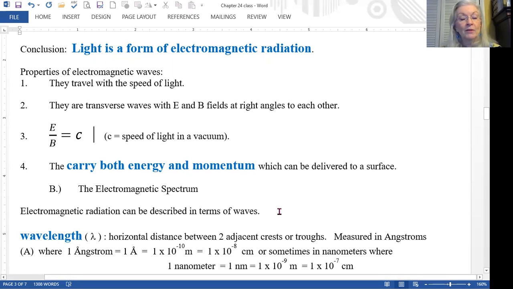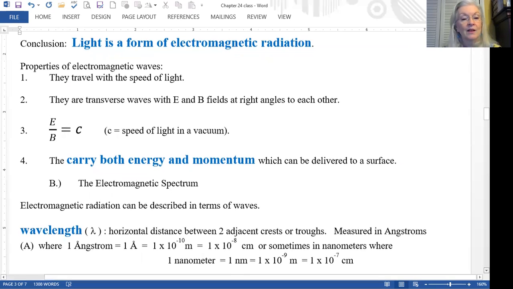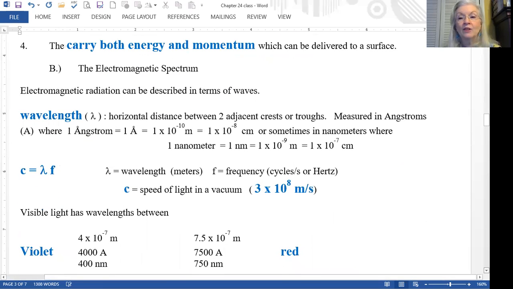So we can describe electromagnetic radiation in terms of these waves. If we do that, then we have to look at some of the properties. We have to look at the wavelength. Wavelength is the distance between two like points on a wave, so it could be crest to crest or trough to trough. It is symbolized by the Greek letter lambda. Here's lambda, a lowercase Greek letter.